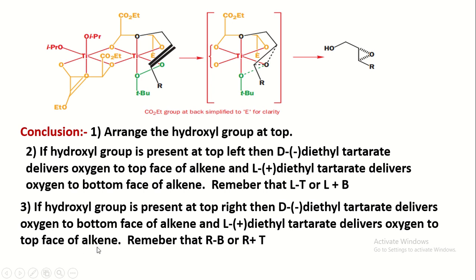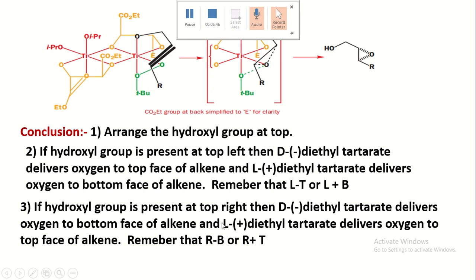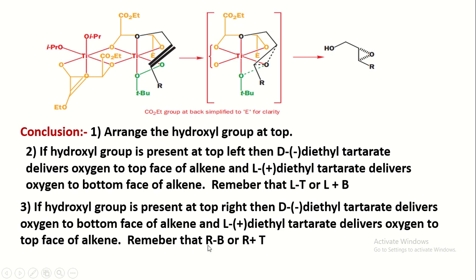Therefore, remember this easily by using R minus B or R plus T as terminology. R means the position of the OH group at the right hand side. If minus configuration of diethyl tartrate is used, it gives back epoxide. If plus configuration of diethyl tartrate is used, it gives top epoxide, meaning front epoxide. By using such terminology, I will discuss some reactions.